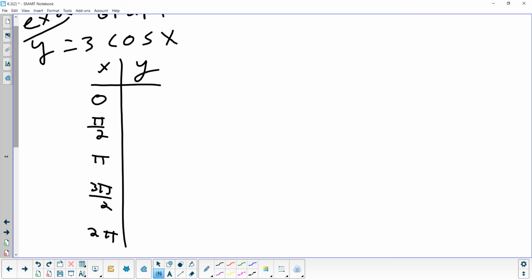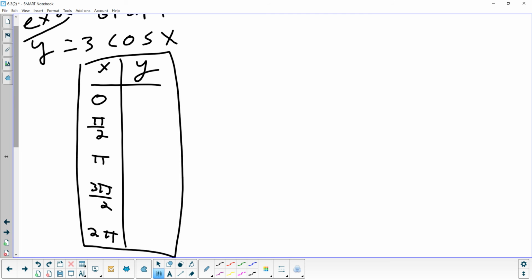And how about, Francesca, what are my original y values for cosine? 1, 0, -1, 0. Okay, so 1, 0, -1, 0, 1. And Ethan, what am I going to do to all those y values? Multiply it by 3. Yep.